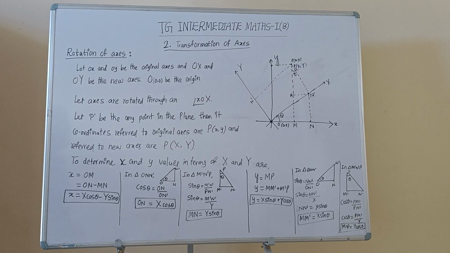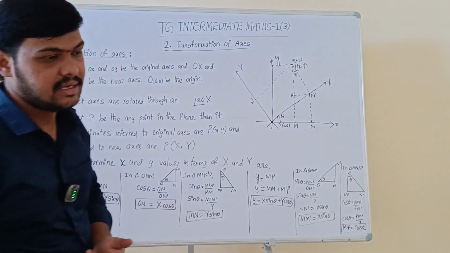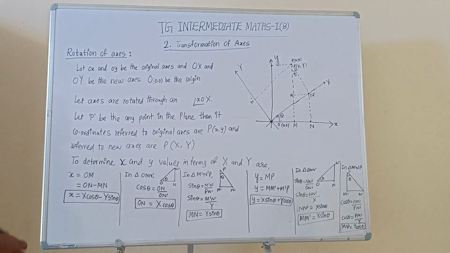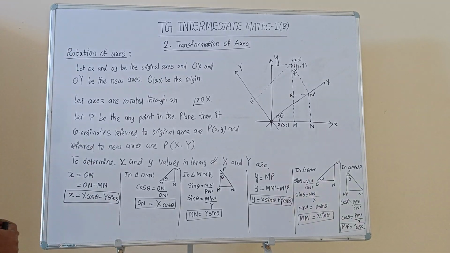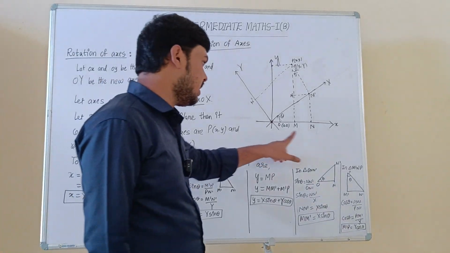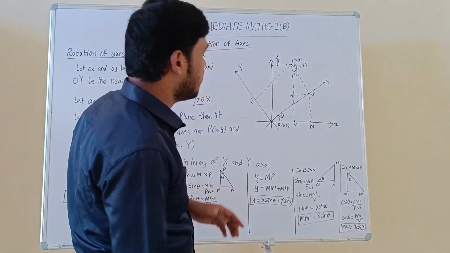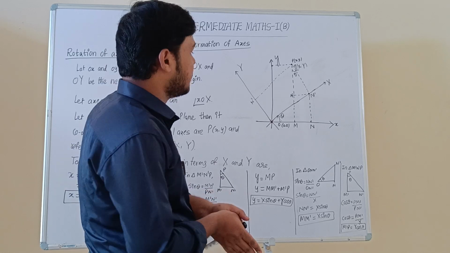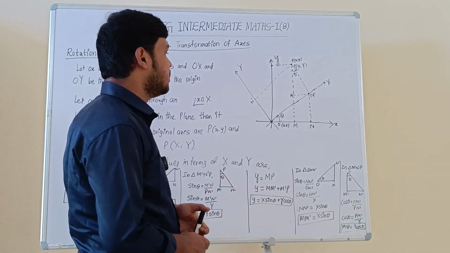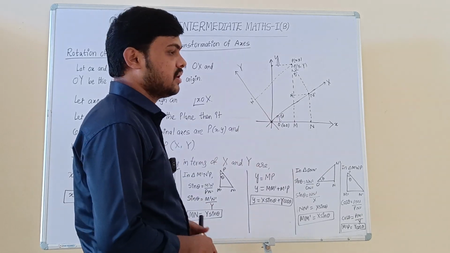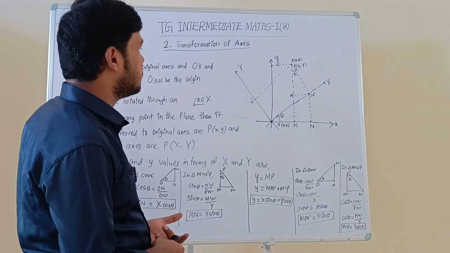For determining the original coordinates x and y in terms of the new coordinates capital X and capital Y, we take OX and OY as the original axes, and the new axes are rotated by theta, with origin O (0, 0).